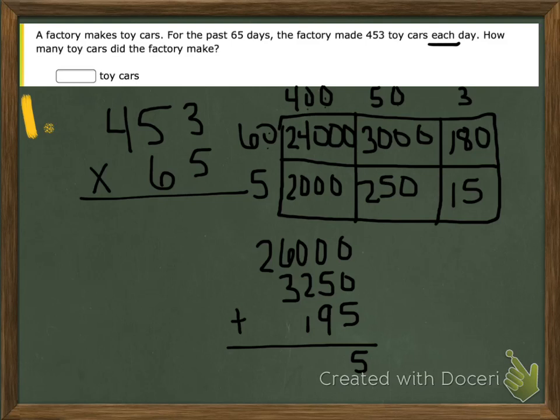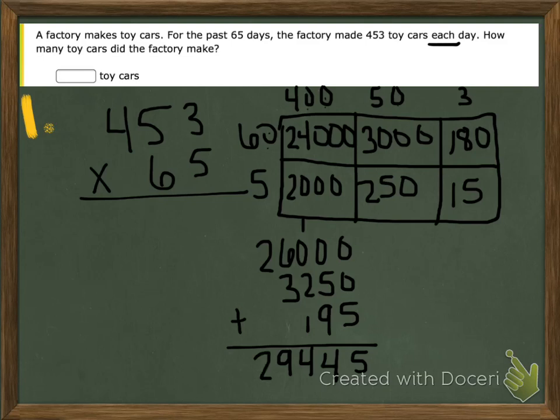0 plus 5 is 5. 5 plus 9 is 14. Carry my 1. 1 plus 2 is 3. Another is 4. And then we got 9 here, and we got 2.